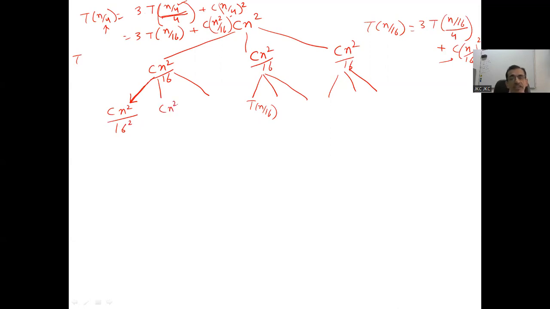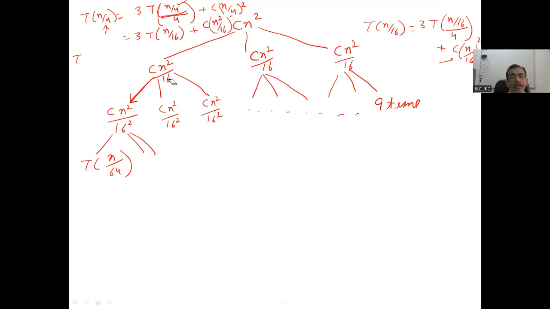This will also become Cn square by 16 square, and so on everywhere. In total, I have 9 times, because there are 9 children, and each of them further becomes T of n by 64. So earlier I had this, and accordingly it will keep on rising.